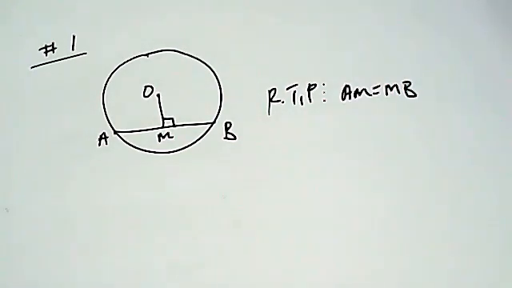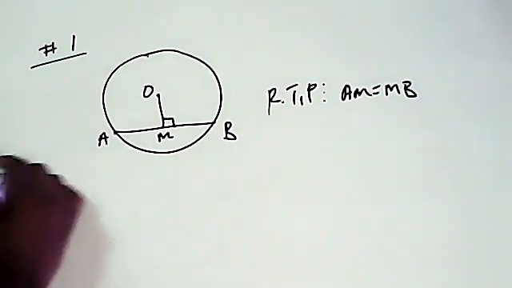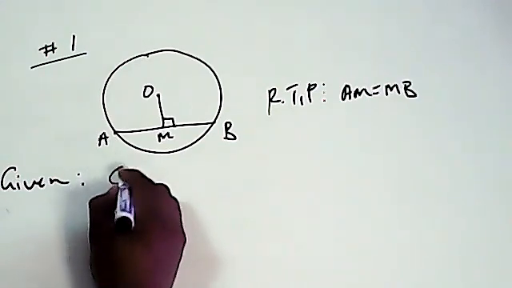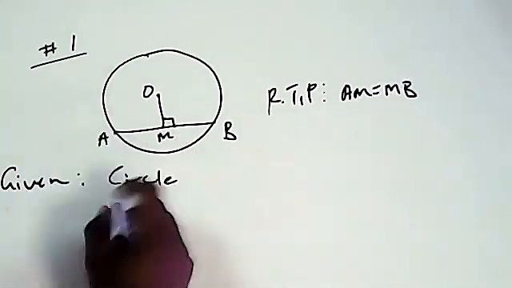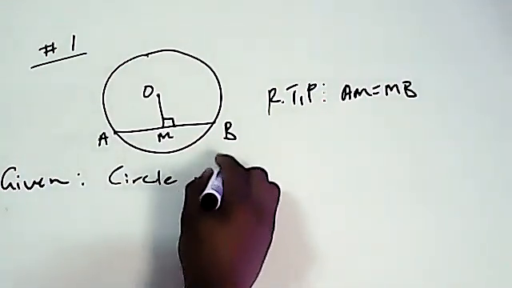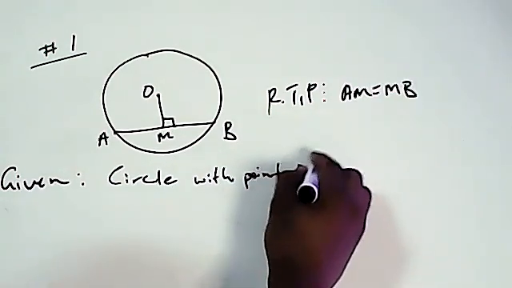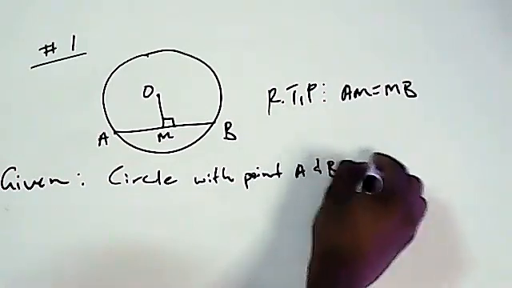So as I said, you always start with your given. What are you given? So I'll write it here. Given, what are we given? We're given a circle. We can all see that circle. We're given a circle with points A and B on the circumference.